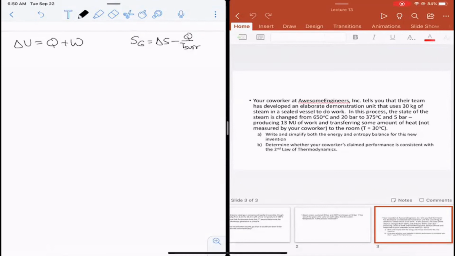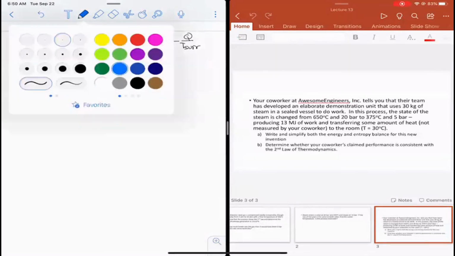Now, if we're going to use the energy balance to solve for Q, that means that Q is equal to delta U minus W. Now, fortunately, we can find delta U even for a gas that doesn't behave as a simple ideal gas like steam, because internal energy information is also available in the steam tables.